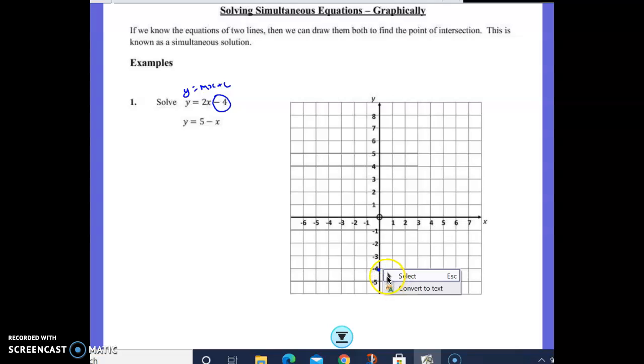I've got a gradient of 2, that means every time I go along 1, I go up 2. So I go along 1, up 2, along 1, up 2, and that gives me my first line.